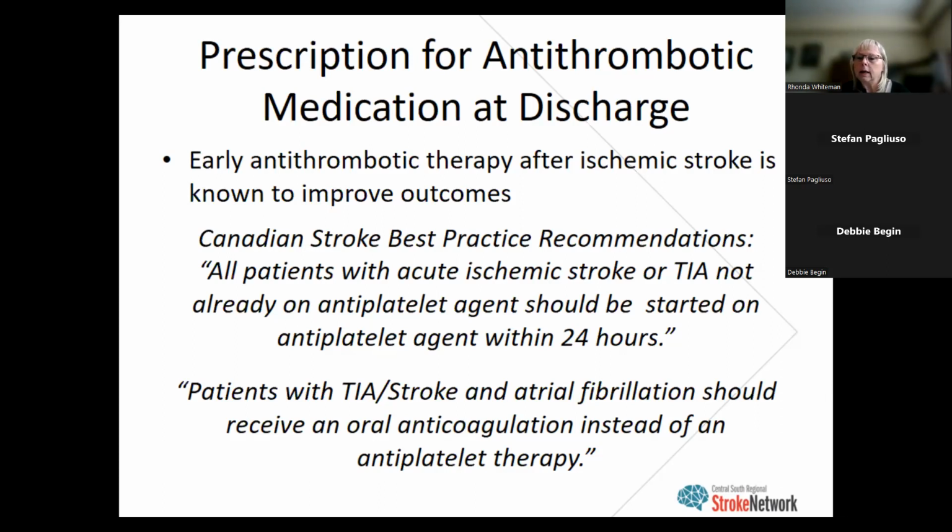It goes on to say in the best practices that patients with TIA or atrial fib should receive an oral anticoagulant instead of antiplatelet therapy. And we know the timing depends on whether it's a TIA or minor stroke. If it's a TIA, ideally the anticoagulant therapy should be started as soon as possible, ideally within 24 hours of onset.